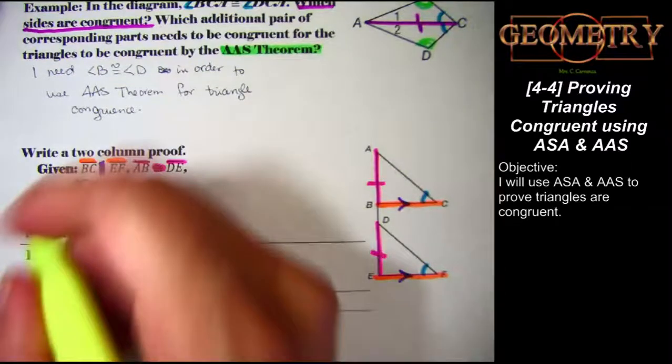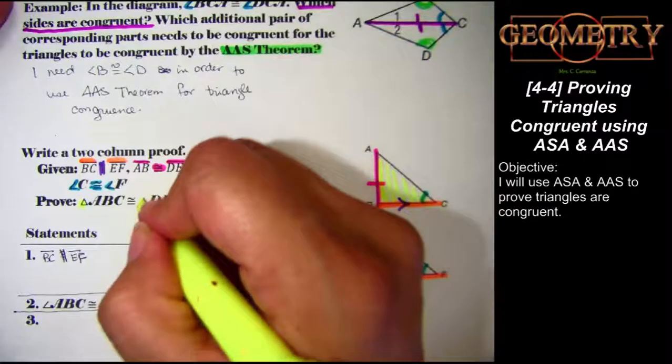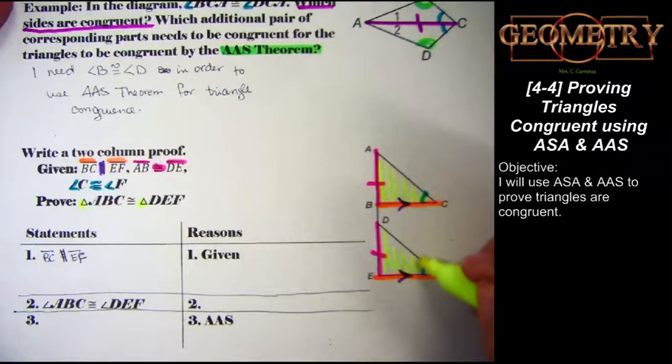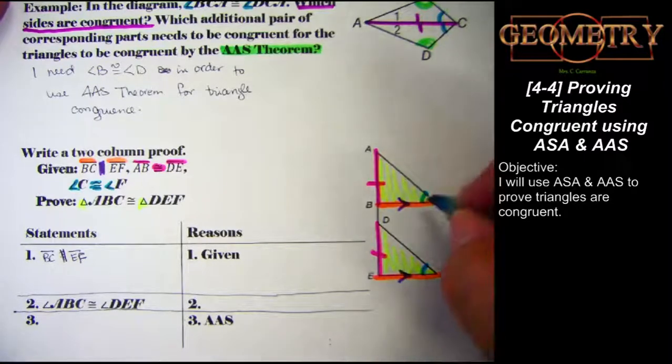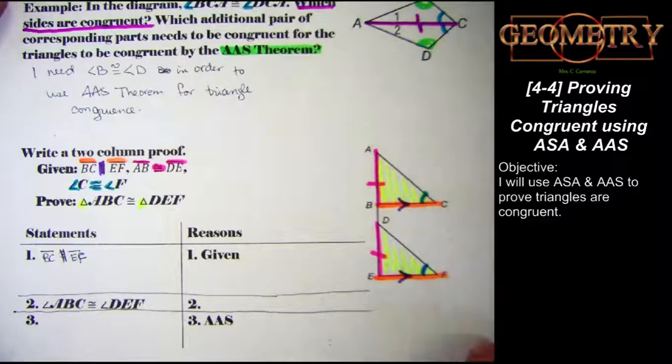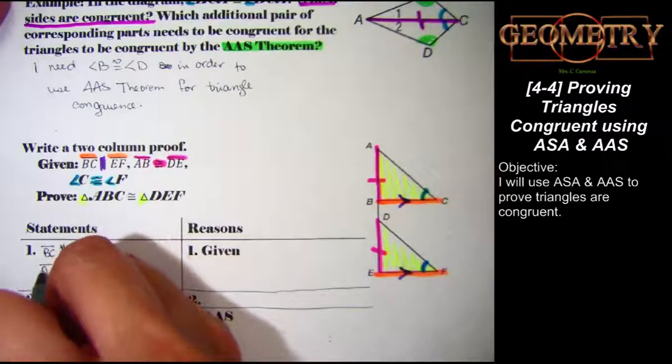I need to show that triangle ABC, this triangle right here, is congruent to triangle DEF, which is that triangle right there.